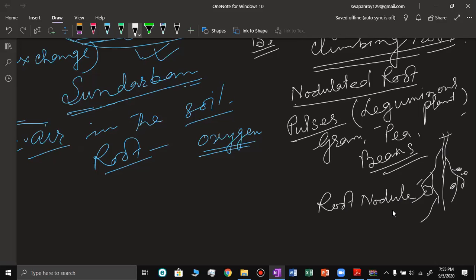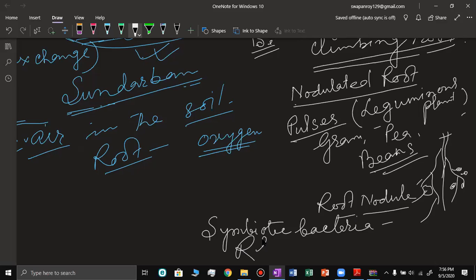In these root nodules, some symbiotic bacteria, rhizobium, live.